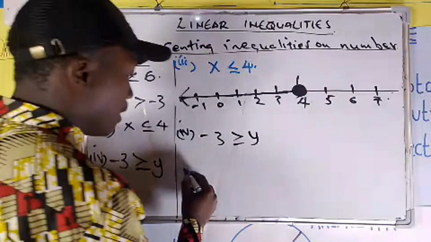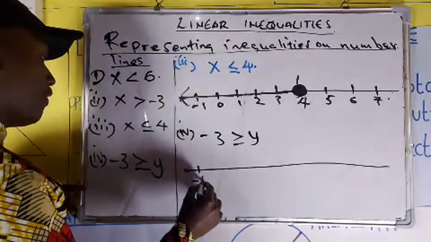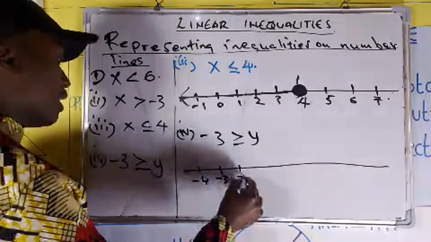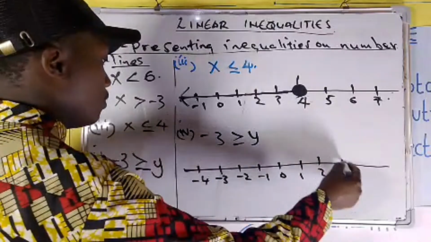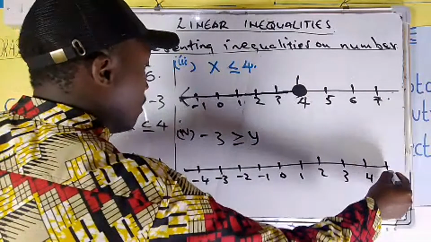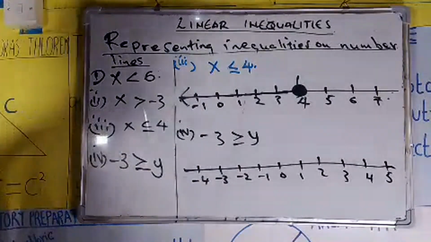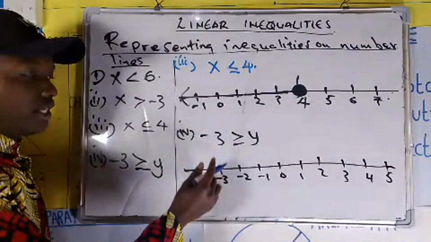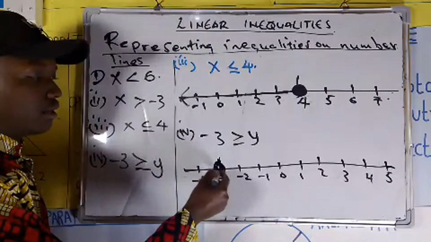So we draw the number line as usual. We come here: negative 4, negative 3, negative 2, negative 1, 0, 1, 2, 3, 4, 5. Then we come to negative 3 here, and we start there to shade.